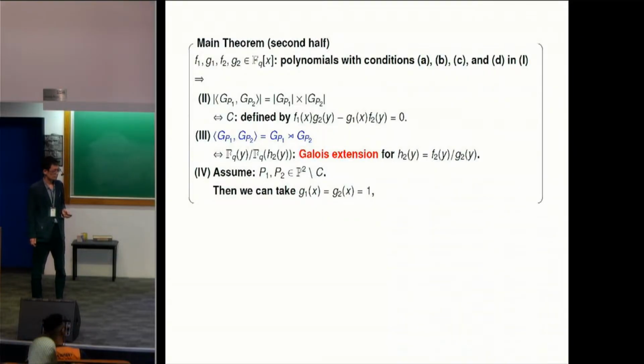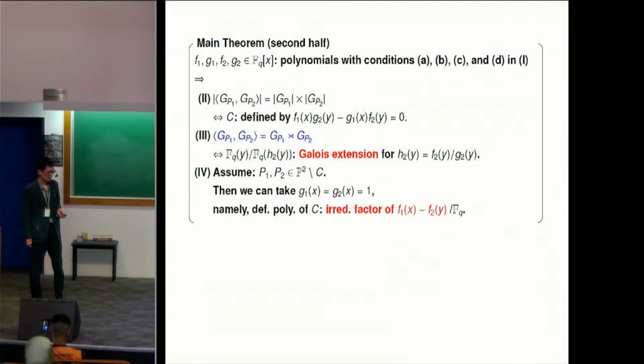Assume the two Galois points are external, then we can take g1(x) and g2(x) equal to 1. Therefore, the defining polynomial of C is an irreducible factor of f1(x) minus f2(y) over Fq.